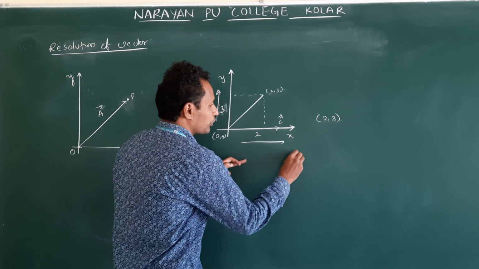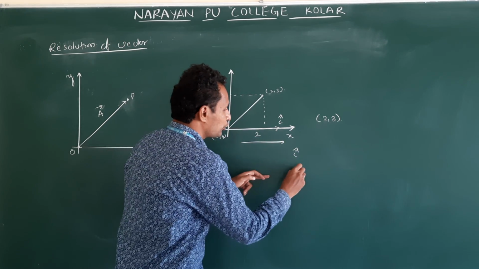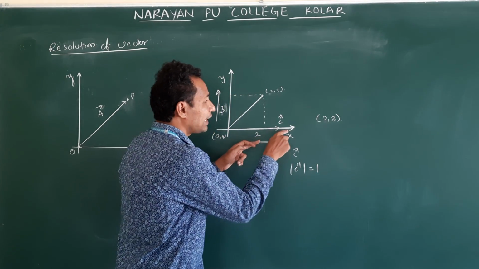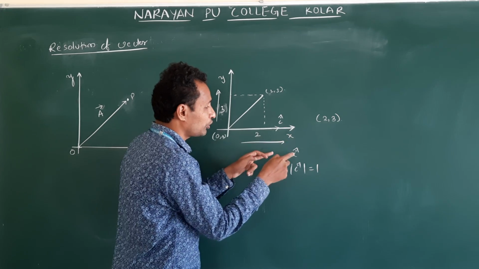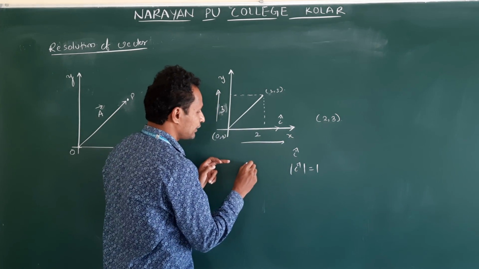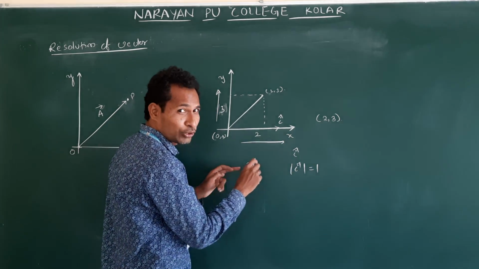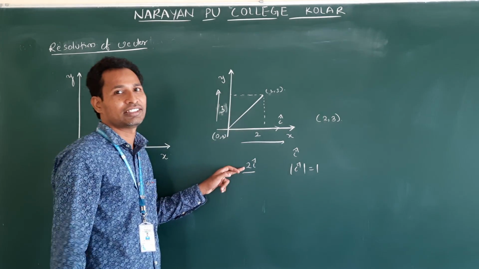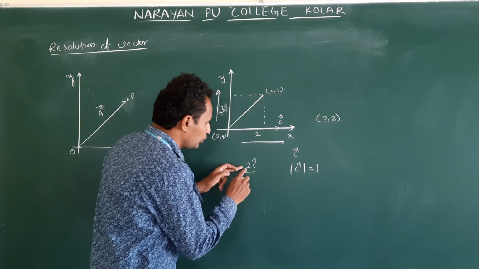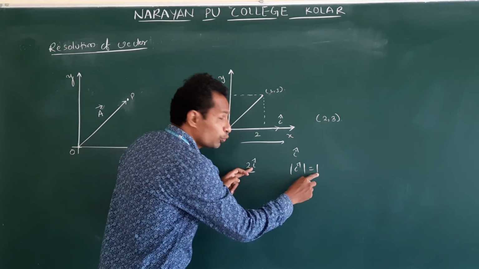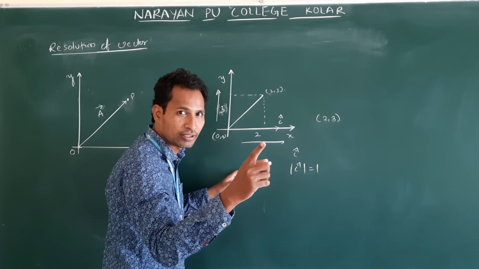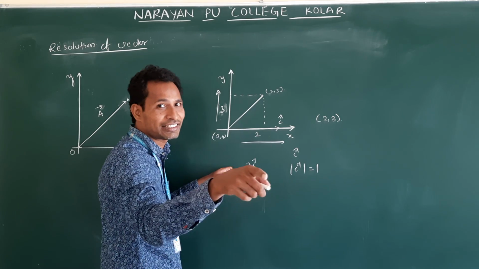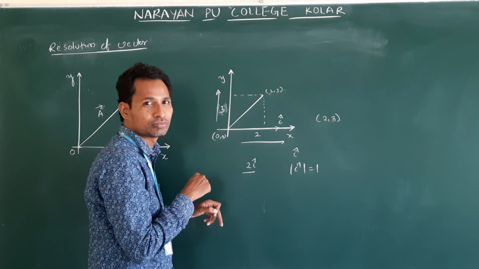I cap is a unit vector whose magnitude is 1, which acts along the x-axis. If I write 2 I cap, what does it mean? 2 units acting along the x direction. Understand? Magnitude of I is 1, so 2 into 1 is 2 only. Magnitude is not affected, but it is assigning the direction to 2.